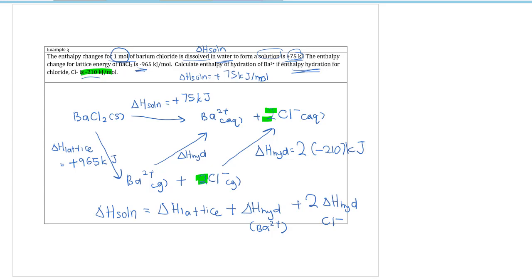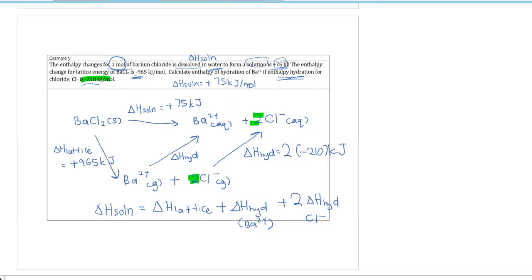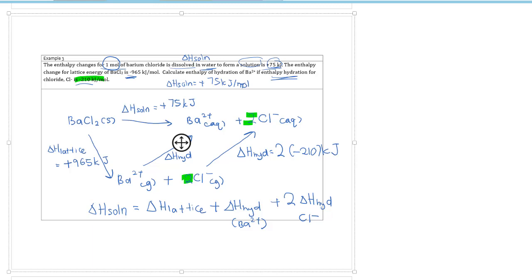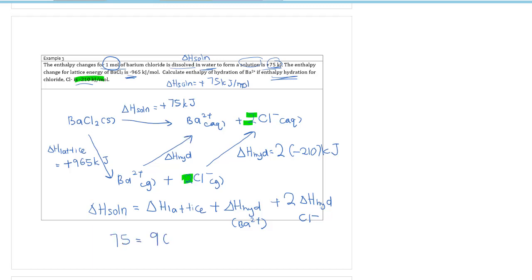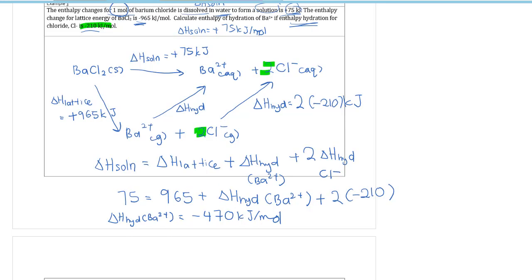So we just insert the values: 75 equals 965 plus the hydration we want to find, plus 2 times negative 210. So your answer is negative 470 kilojoule per mole.